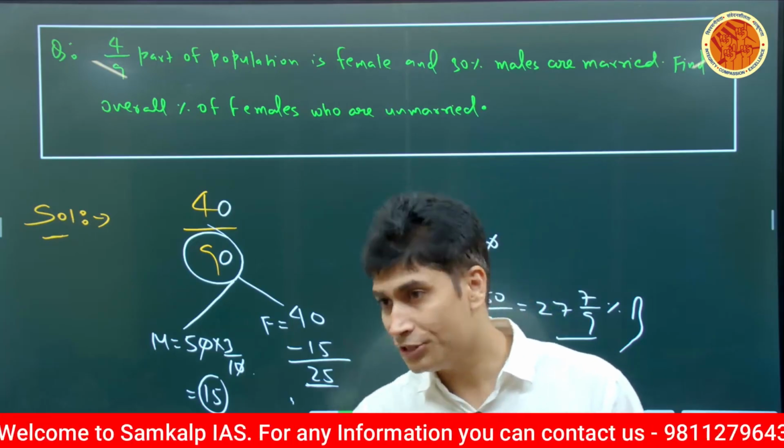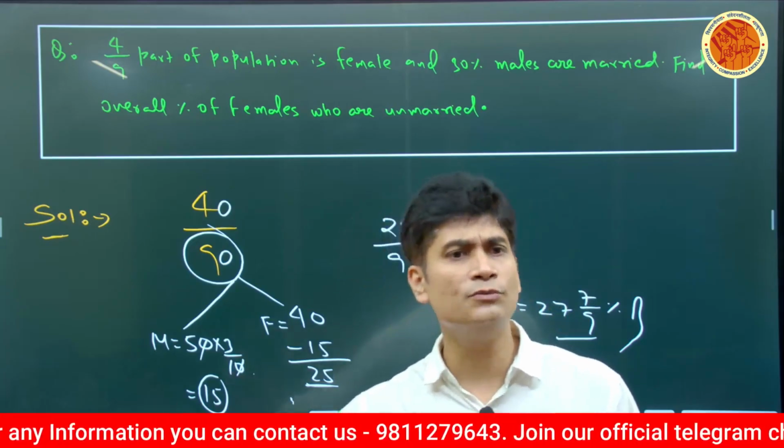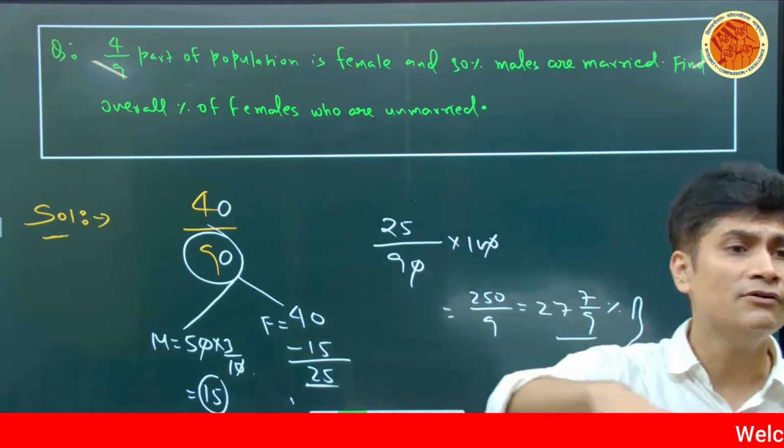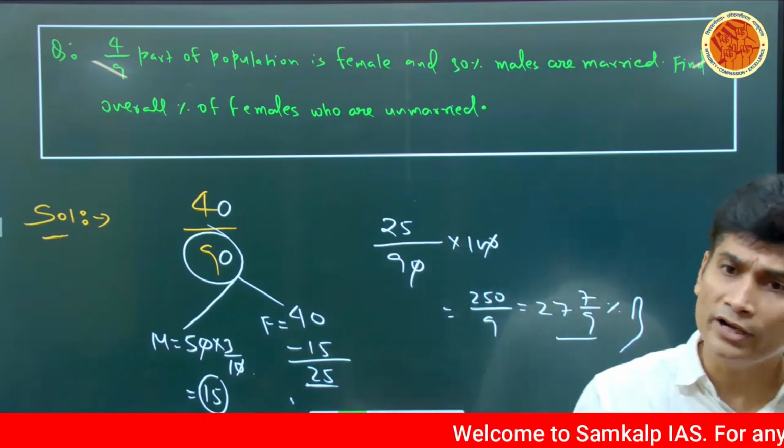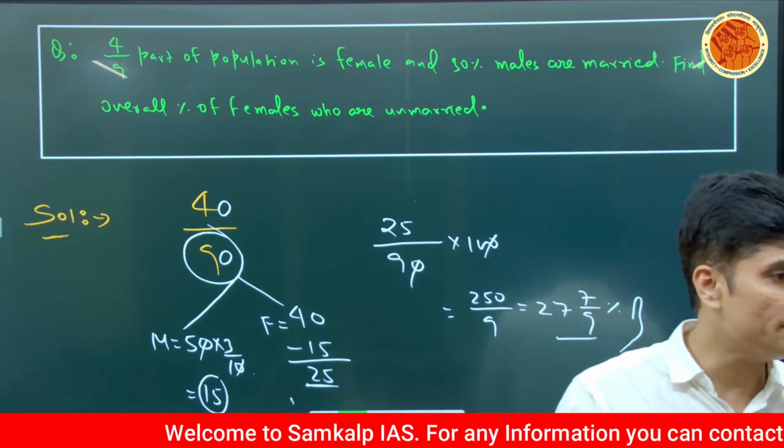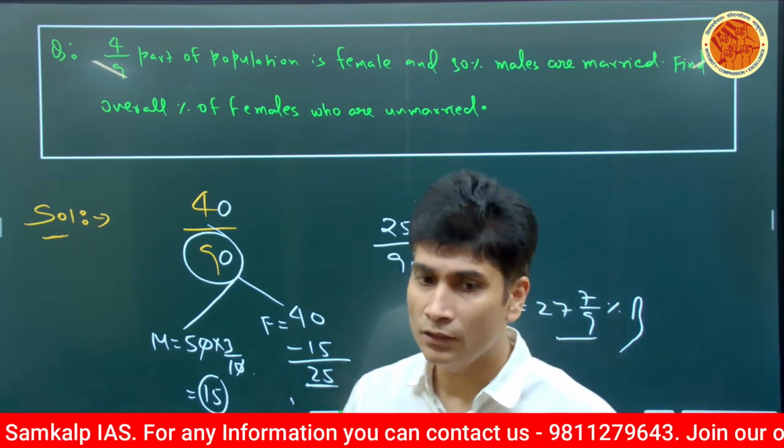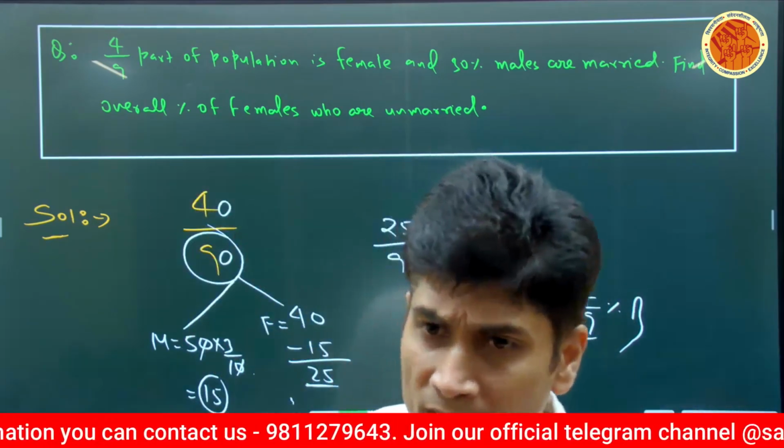Once the calculation effort is reduced, just assume the original number as the denominator of that fraction and go ahead with this. Your calculation will become easy. Done? Okay.